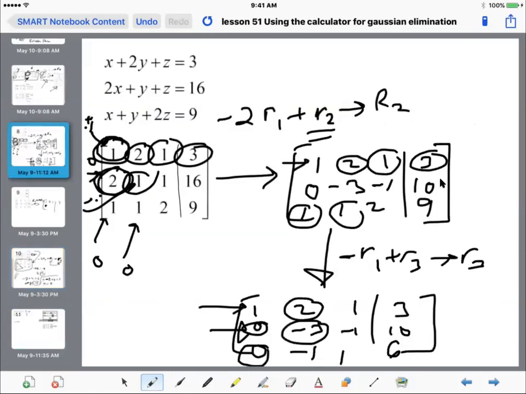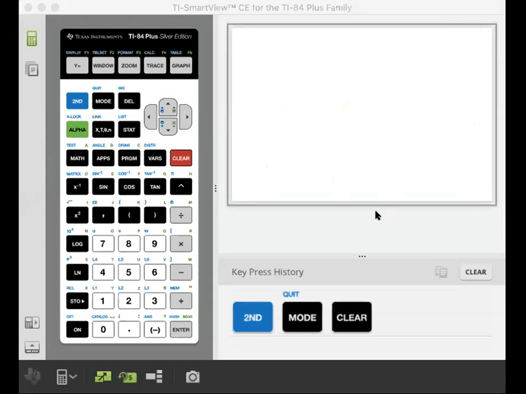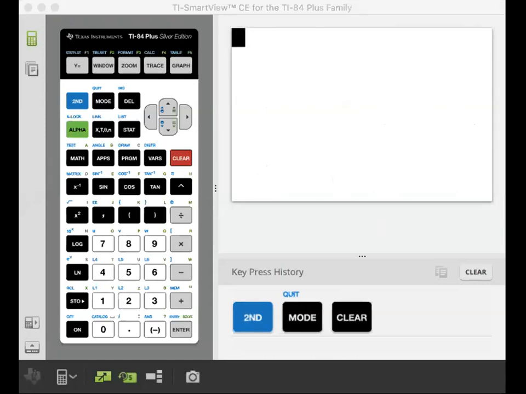Okay, I want to show you how you can use the graphing calculator to do matrices. So let me come over here and share. Okay, so here's the graphing calculator. And it's pretty clunky even to use the graphing calculator, but I do want to show you how it works.